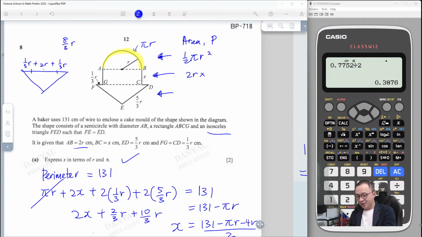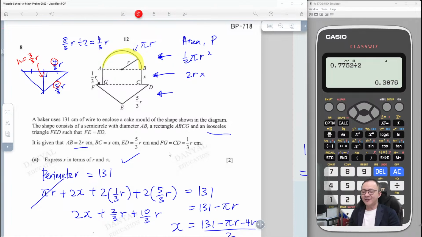But since it's isosceles, I want to divide it into half, then I do Pythagoras, right? Since I have the hypotenuse, it's 5 over 3r. If I divide the base by 2, I will get 4 over 3r. Now we see something like 3, 4, 5. You see 4, you see 5, so this one will be 3 over 3r as the height for this triangle.